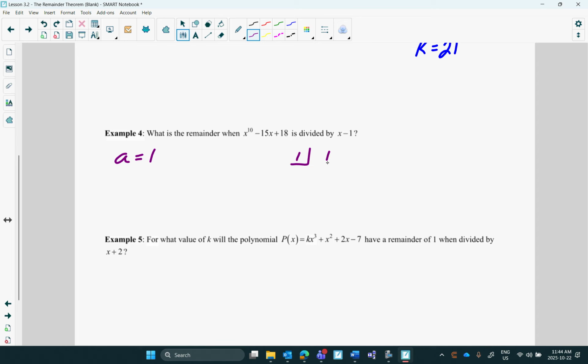And now we have to account for x to the 9, which is 0, then x to the 8, 7, 6, 5, 4, third, second, finally, minus 15, then 18. You can see that's a little cumbersome. This is where the remainder theorem is handy.